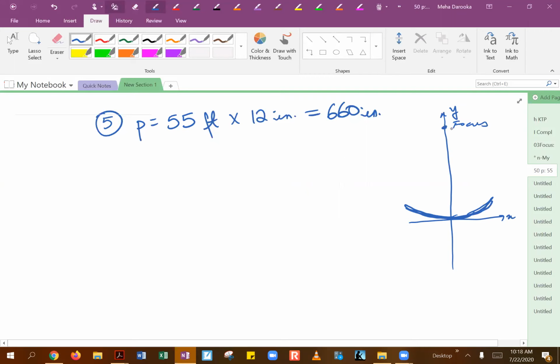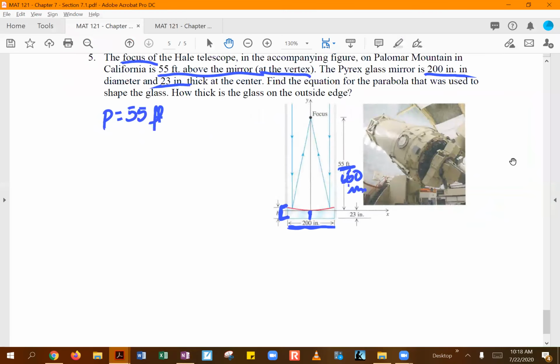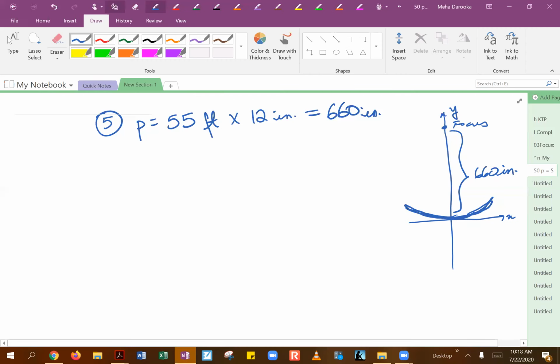We know this distance between the focus and the vertex is 660 inches. They're telling us the diameter of the mirror is 200 inches. Okay, so if this is our mirror, we know this diameter is 200 inches.